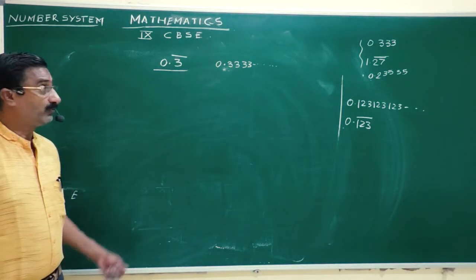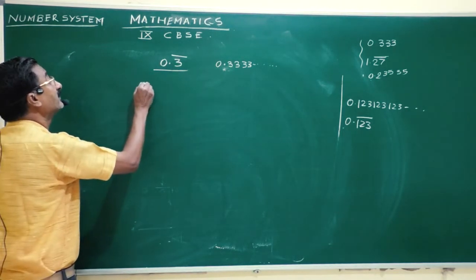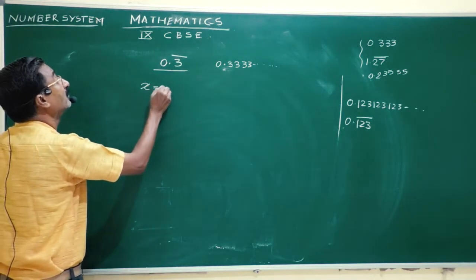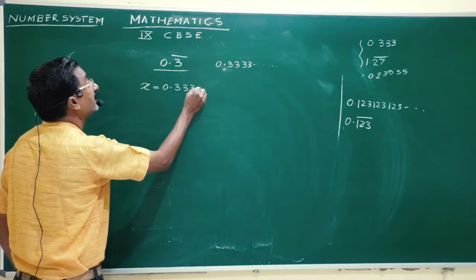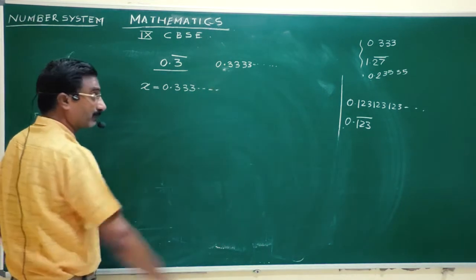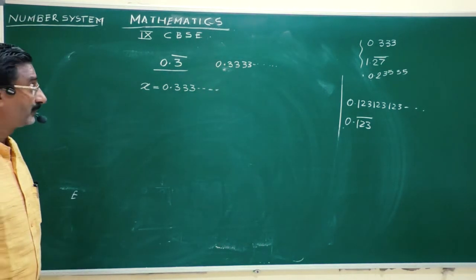What we have to do? Very first thing, assume that x is equal to 0.333 and so on. Clear?